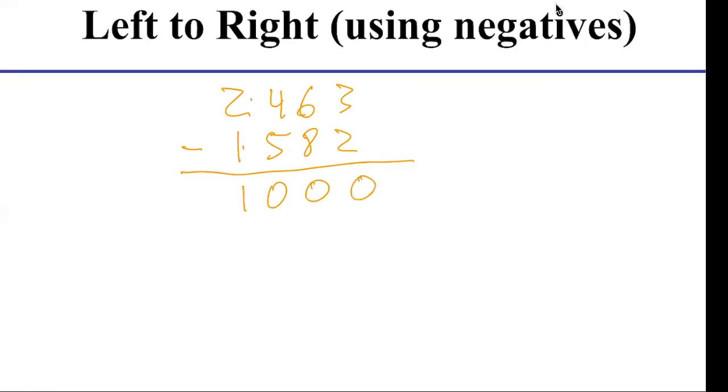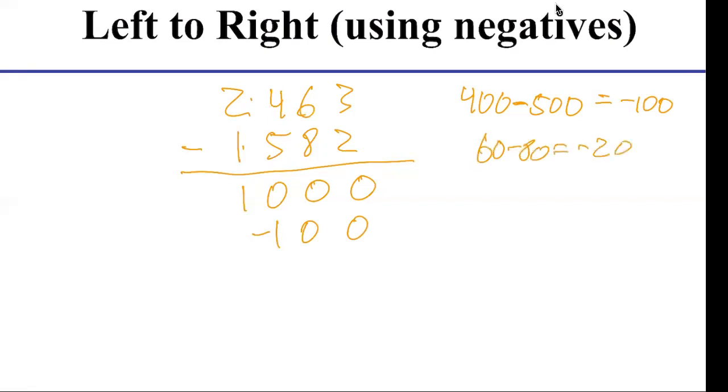Now, we were taught you can't take 5 from 4. And yet later on, we're going to learn about negatives, like 4th or 5th grade. And I know this is negative 100. So 400 subtract 500 is negative 100. 60 subtract 80 is negative 20. 3 subtract 2 is 1.